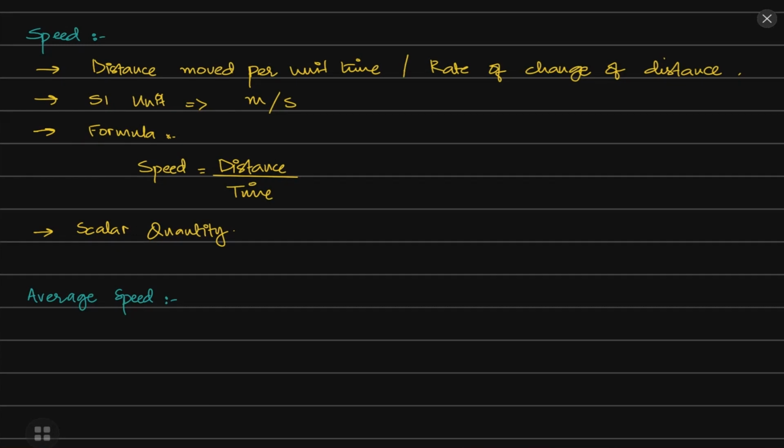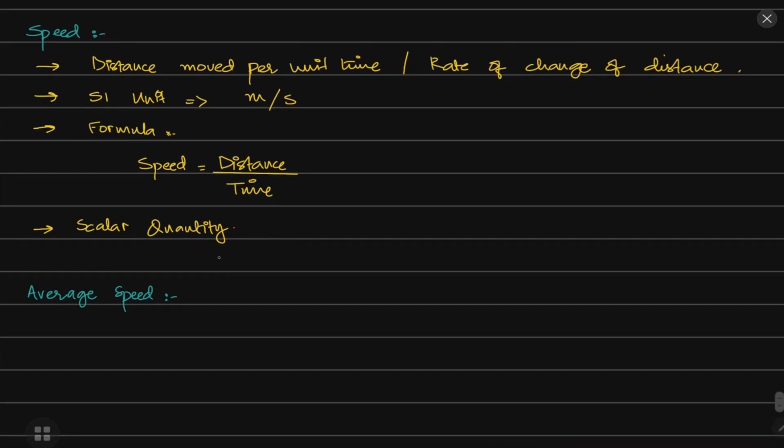So for average speed, we consider the total distance and divide it by the total time. You just add all the distance that the car has covered, and you divide that by the total time it has taken to cover that distance. There you go, that's average speed.